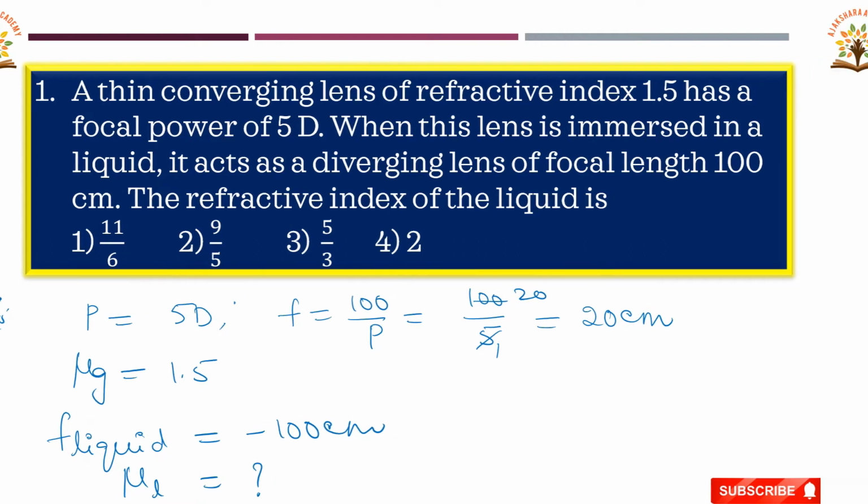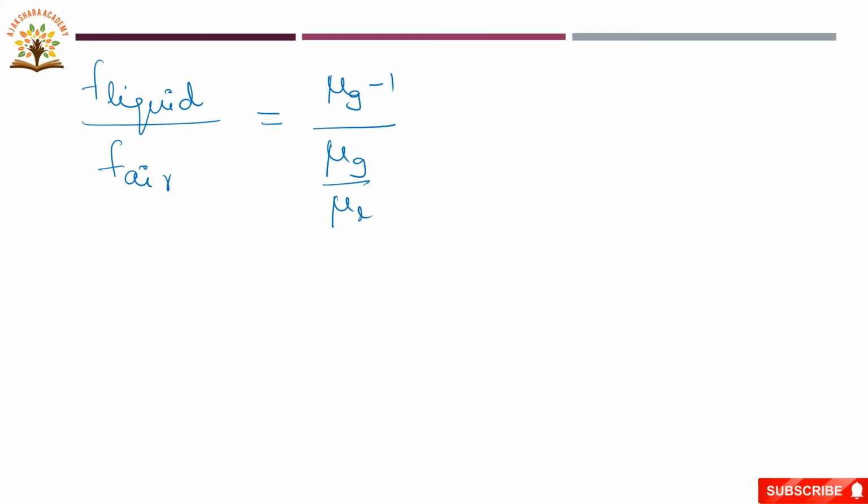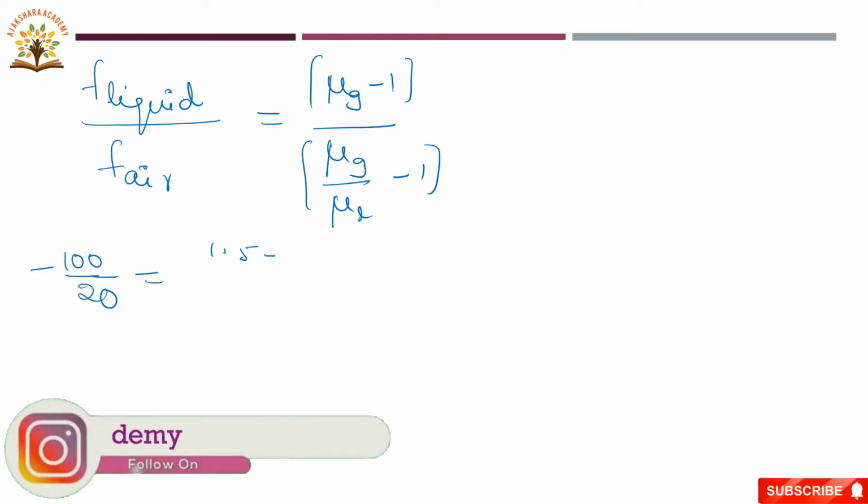Next, the ratio of focal length of liquid by focal length of air is equal to (mu g minus 1) by (mu g by mu L minus 1). Now substituting values, minus 100 by 20 is equal to (1.5 minus 1) by (1.5 by mu L minus 1).